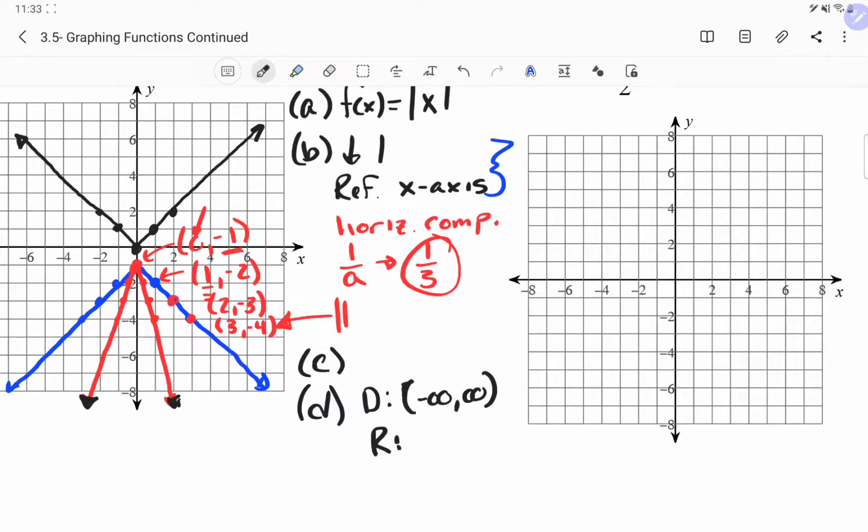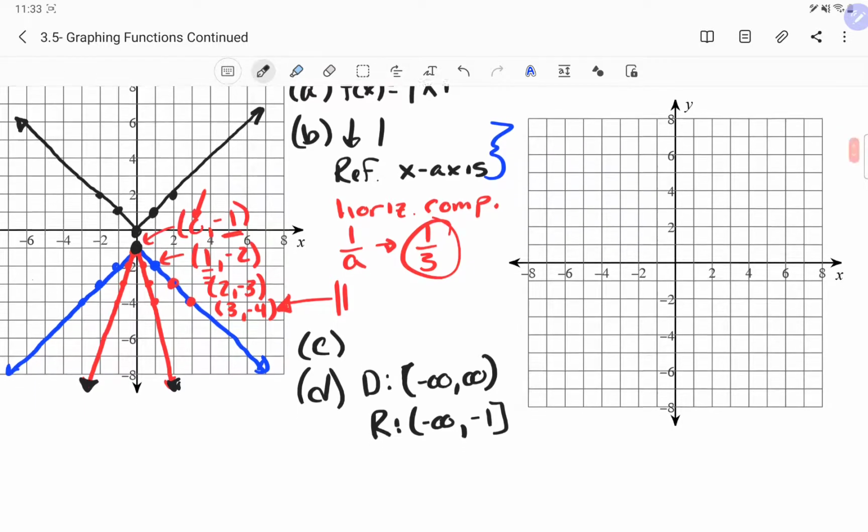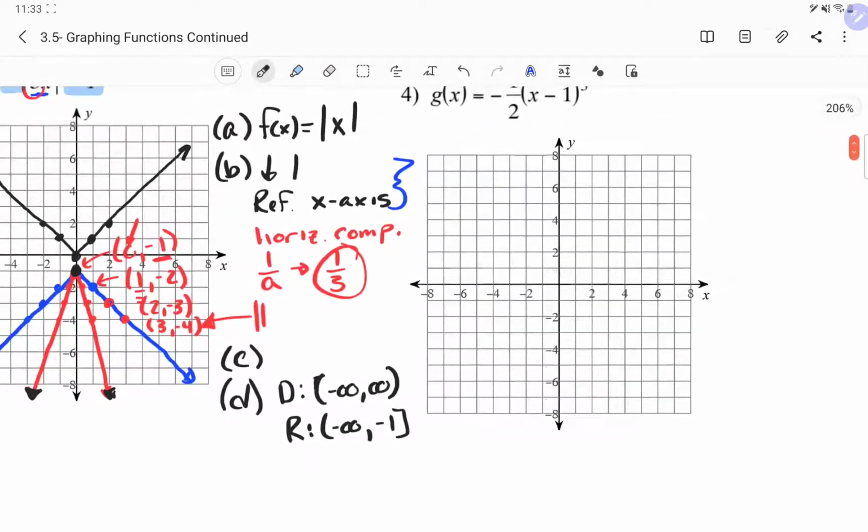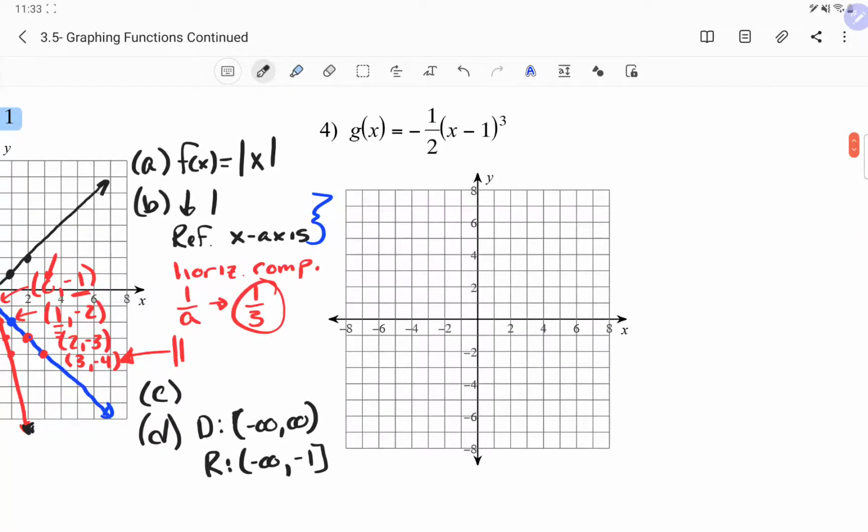And the range is pointing downward, so it's going to start at -infinity, and it's going to continue up to the peak, which is at -1, and we do include that -1.